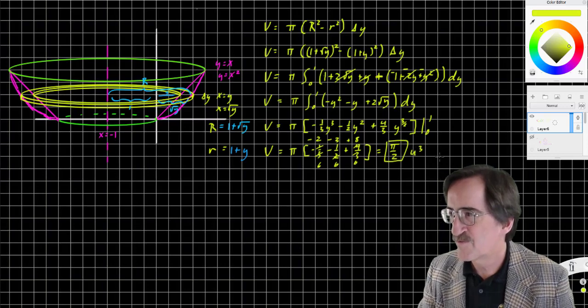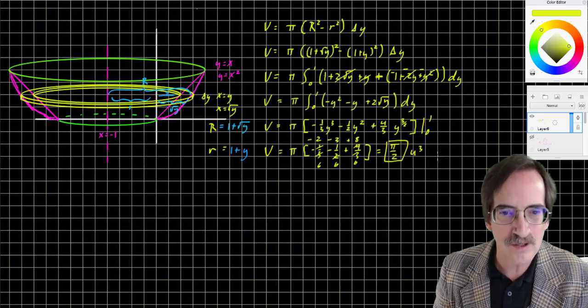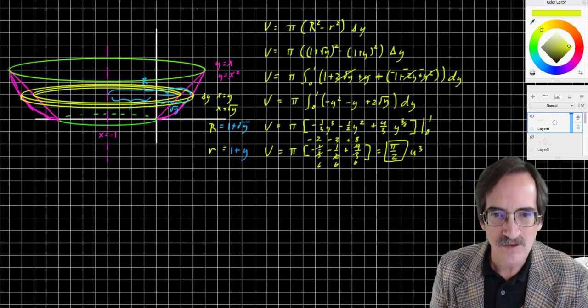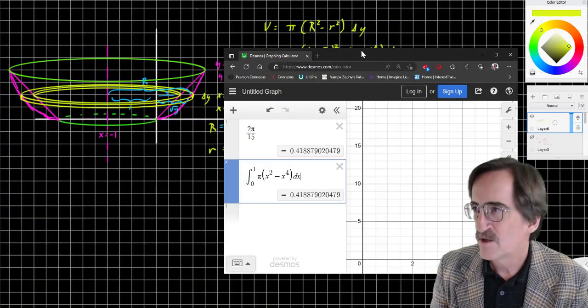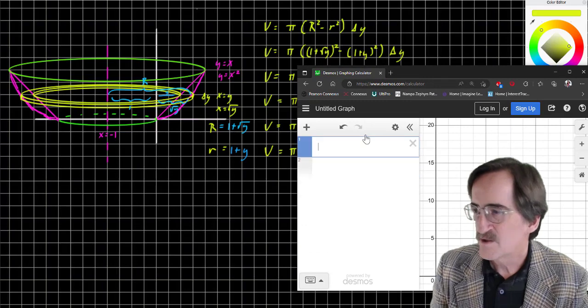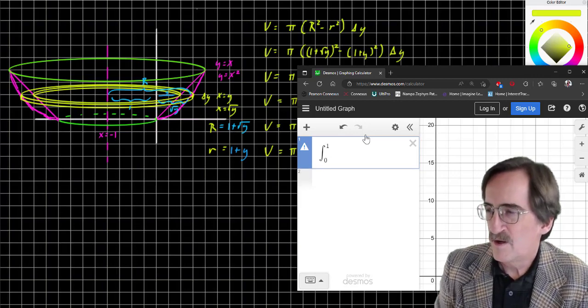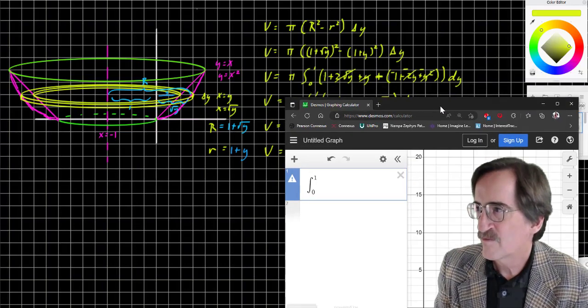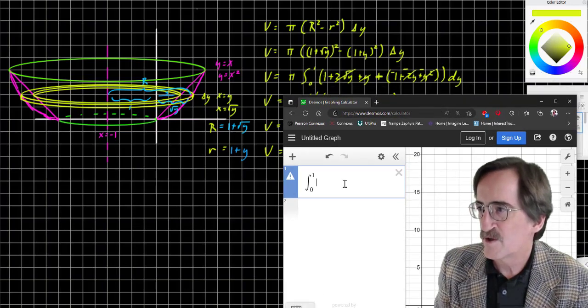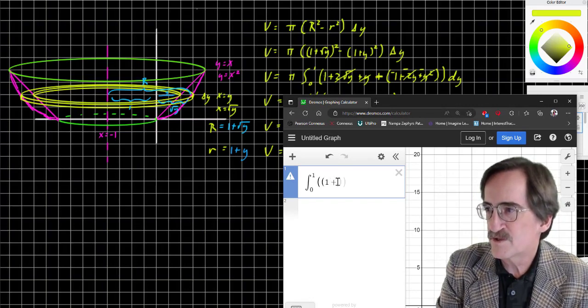Okay, and this deserves a quick check with a calculator to make sure we got it right, using our numerical integration option. So the integral from 0 to 1 of, and I'm not going to do the algebra here, so we're just going to do 1 plus square root y, squared, and so on.